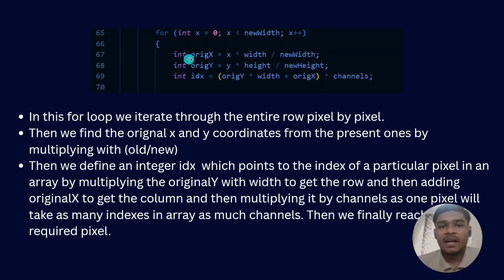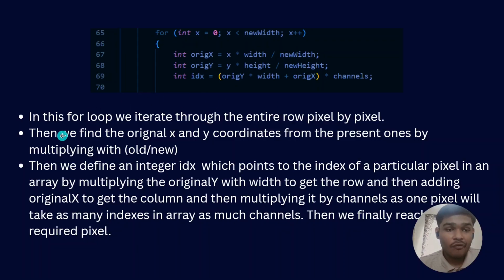So now we have understood the array. We will be implementing that part in a few seconds. Till then, first we need to understand how we are getting the original x and y coordinates. In this for loop, we are running for each row, pixel by pixel.